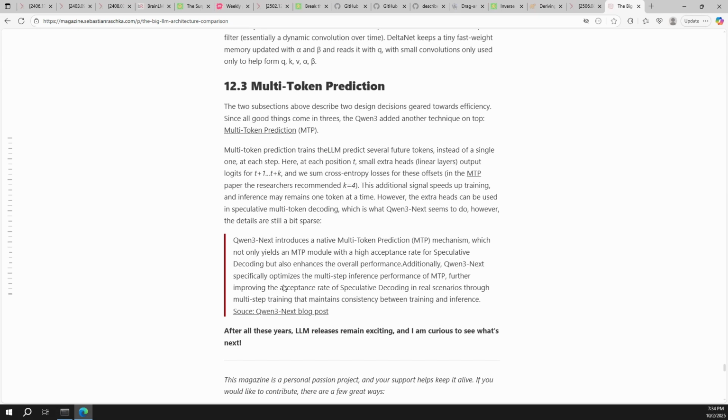So Qwen 3 Next specifically optimizes the multi-step inference performance, further improving the acceptance rate of speculative decoding in real scenarios through multi-step training that maintains consistency between training and inference. So what they're saying is that the original speculative decoding paper says you can use a smaller model, and then you sort of hope, if the model's in the same family, trained on similar pre-training data, that it will make similar-ish predictions such that the acceptance rate is relatively high.